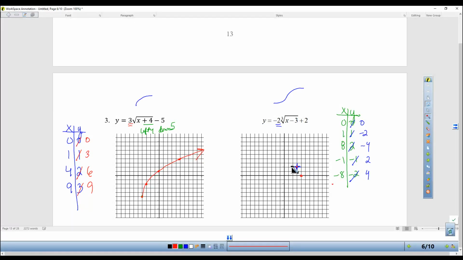And then negative 1, 2, and negative 8. 1, 2, 3, 4, 5, 6, 7, 8, and 4. 1, 2, 3, 4. So I'm going to go ahead and draw that. Maybe start over here at this point. Go up and like that.